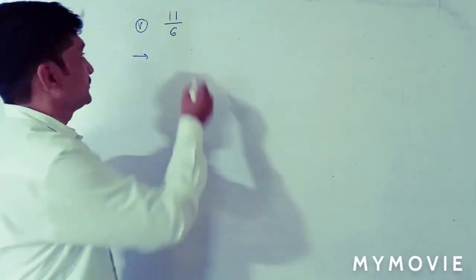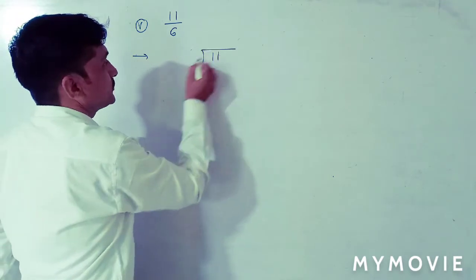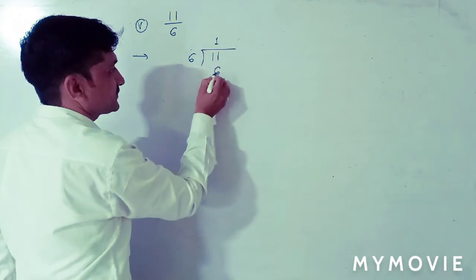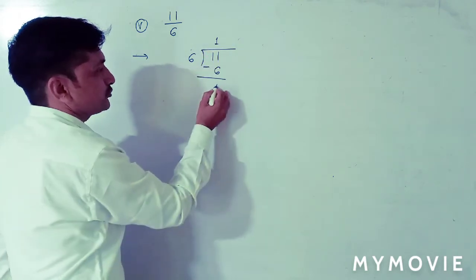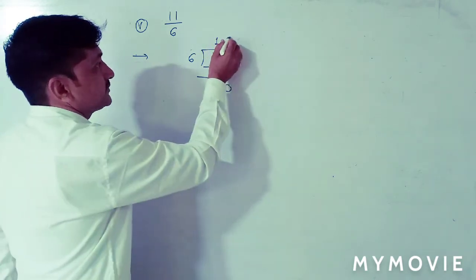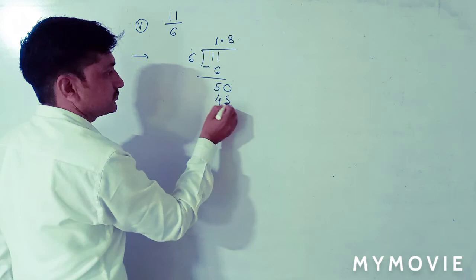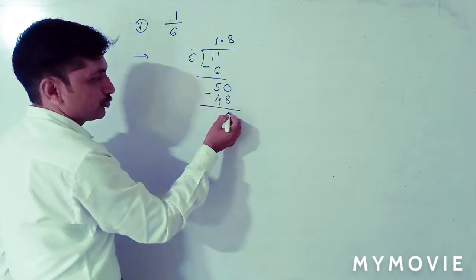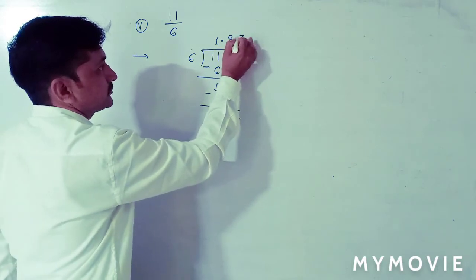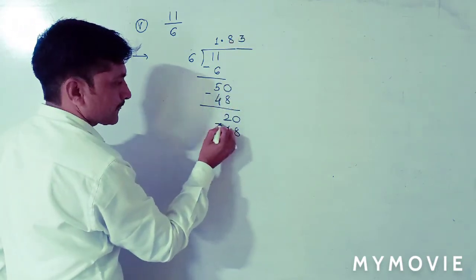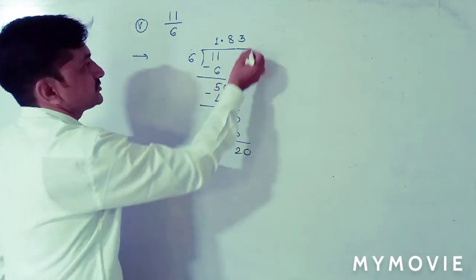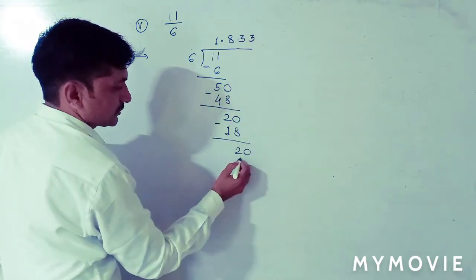Example number 5. 11 is the dividend, 6 is the divisor. 6 1s are 6, 6 2s are 12, so 1. 11 minus 6, 5. Take 0, decimal point. 6 8s are 48. 50 minus 48, 2, 0. 6 3s are 18. 20 minus 18, 2, 0. 6 3s are again 18.